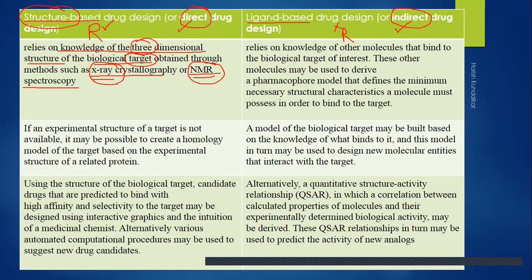Now there is a difference between these two methods. In X-ray crystallography, not all the proteins may be amenable to crystallization. They are not amenable to formation of crystals which can be examined by X-ray crystallography. So we are calling this method crystallography, right?